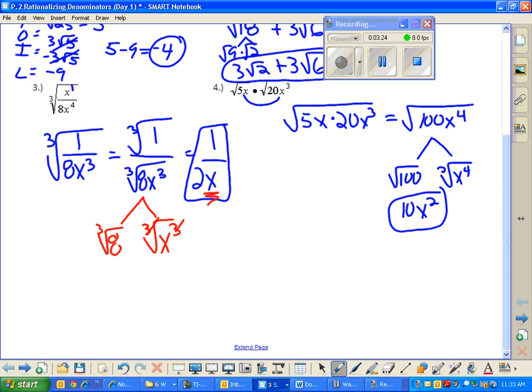What number can I raise to the third power to get 8? That number is the 2. There were 5 numbers we had to remember that were perfect cubes. So it goes like 1, 8, 27, 64, 125. Those are those numbers. What's up, Alexis?